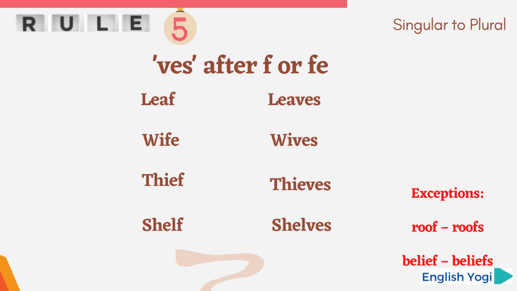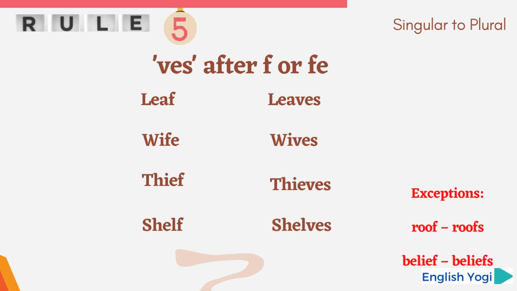We use VES after removing F or FE. For example, leaf: we remove the F and it becomes leaves. The second example is wife: we remove fe and it becomes wives. The third example is thief, which becomes thieves.